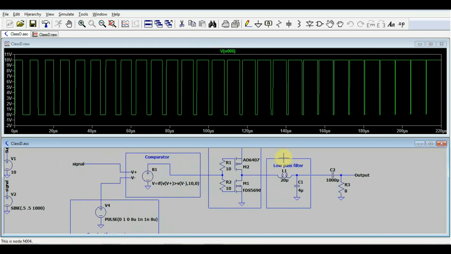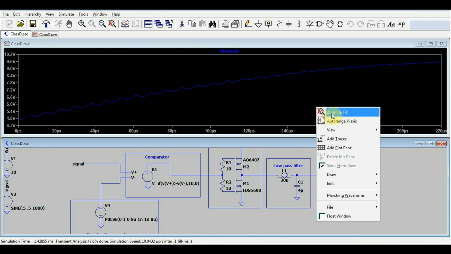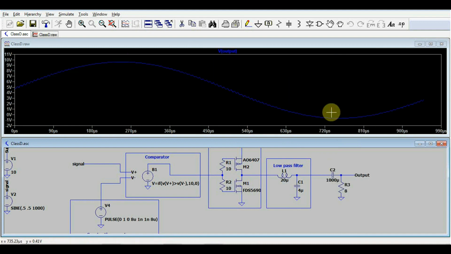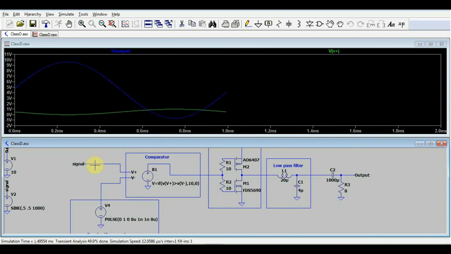Now the interesting bit is what happens when we pass it through the low pass filter. Actually, you can look directly on the output, and if we zoom out a bit, we will see that we're slowly getting back our input signal. So this sine wave is the same as our input, only it's inverted, so it's 180 degrees out of phase. That's because of how I set up the comparator.